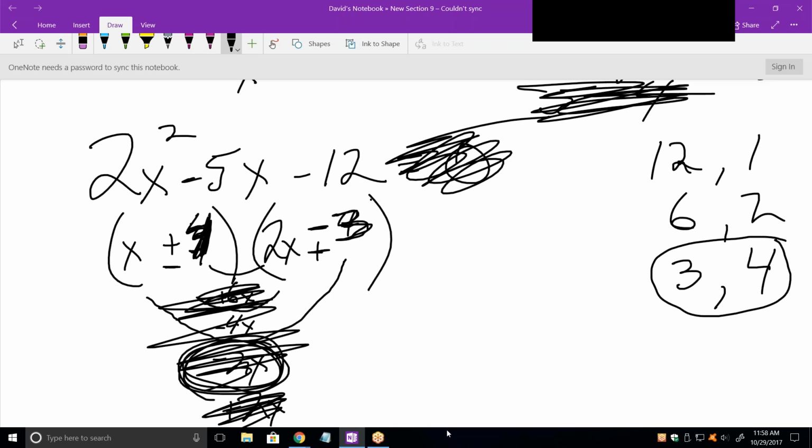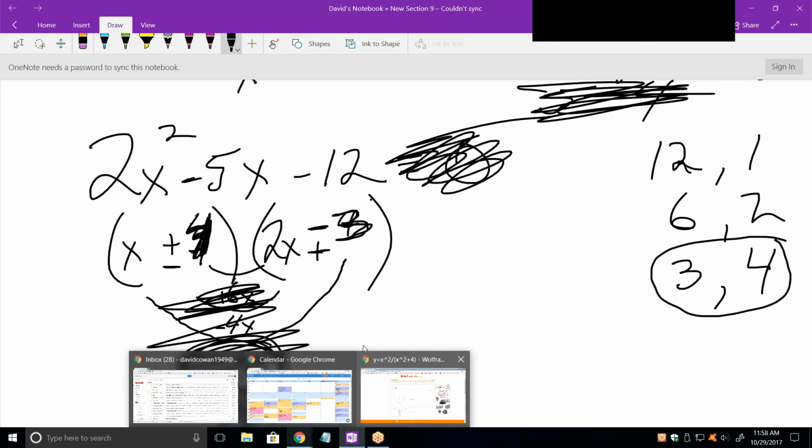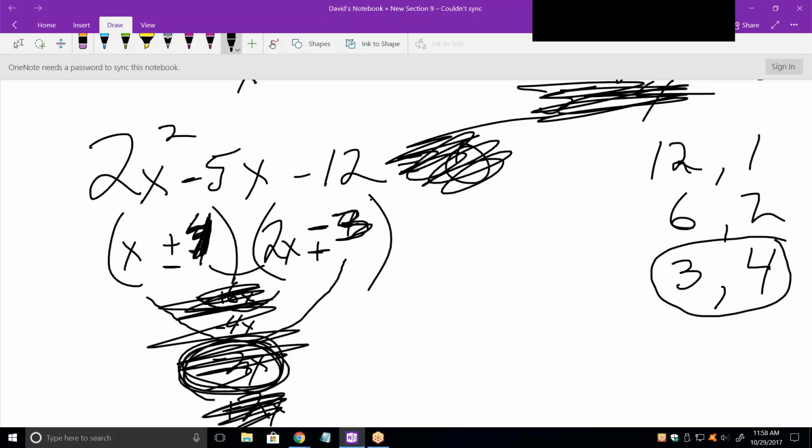That's positive 5x. Positive 8x plus negative 3x is a positive 5x. Well, that's not the right answer either, but I got the right number. Which means all I have to do to get the right answer is to move that 4 down to the minus sign and move the 3 down to the plus sign.